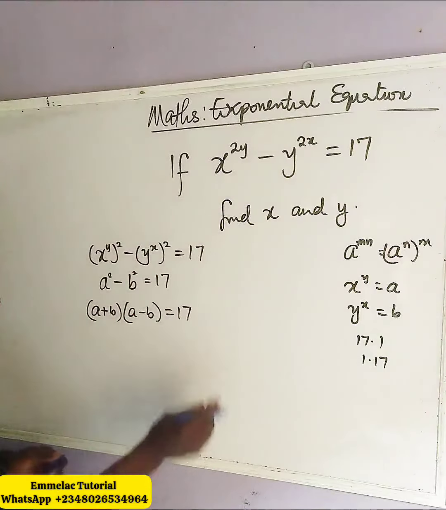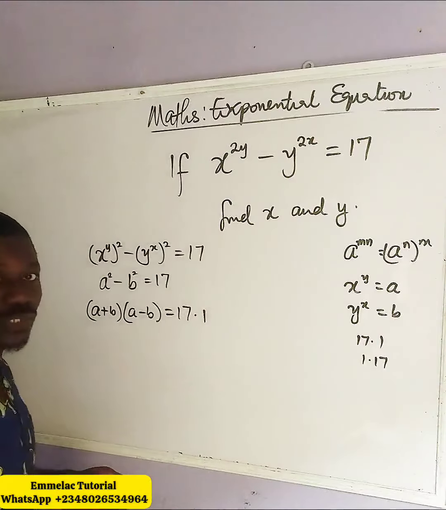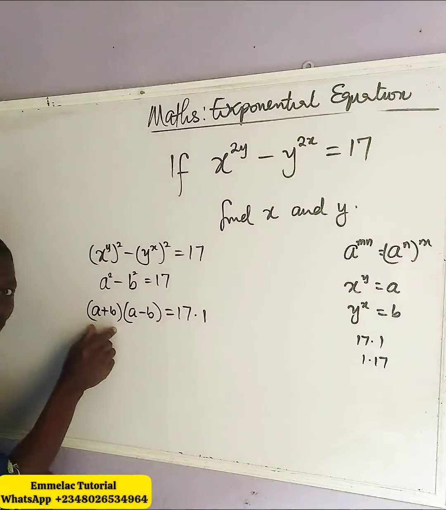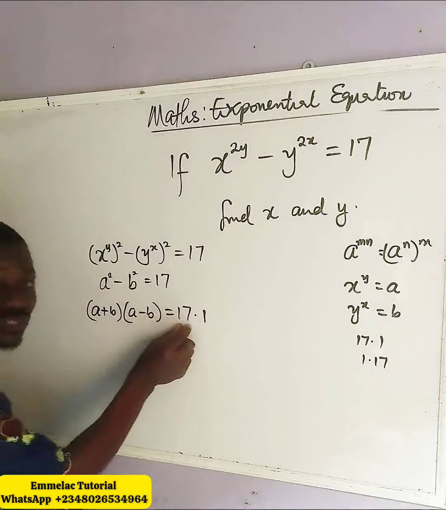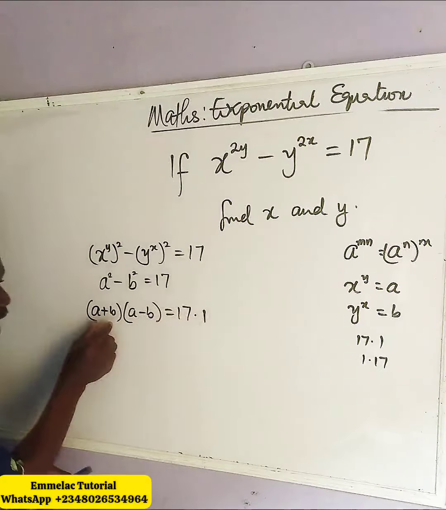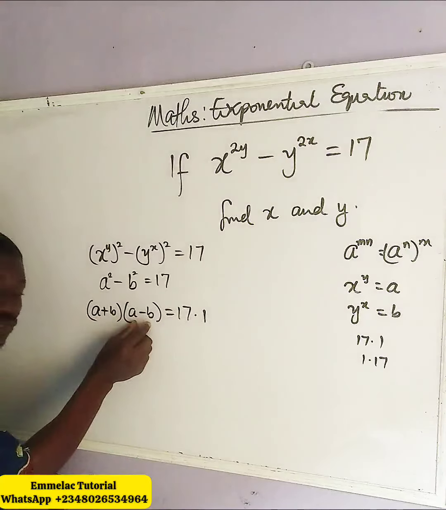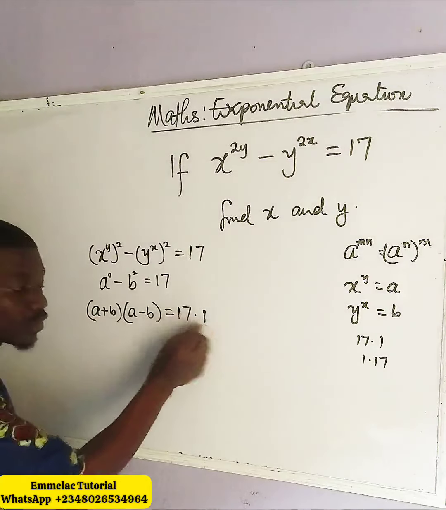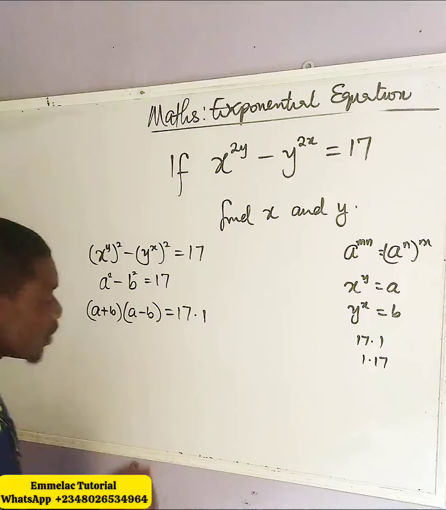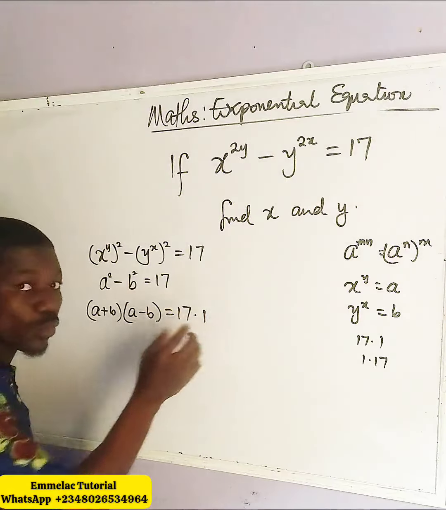So here we use 17 times 1. So the first term must give you 17, and the second term must give you 1. So when you add the two numbers a and b, it will give you 17, and when you subtract the numbers, it gives you 1.